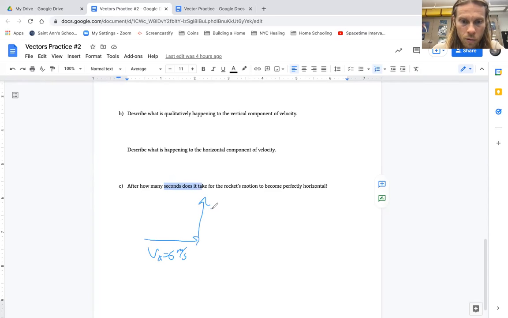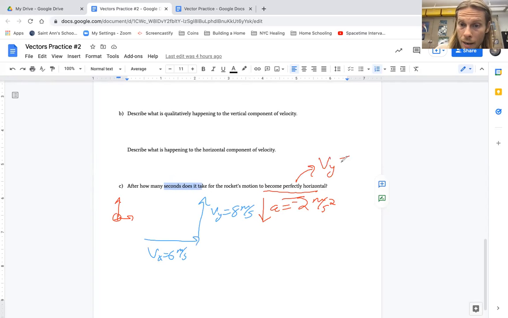And the vertical, which is 8, decreases by 2 every second. So you can almost do that one in your head. So I'm going to call that negative. So positive is up and positive is right, which means that the time for this vertical component, so to become perfectly horizontal, how do you translate that? That means Vy is 0.